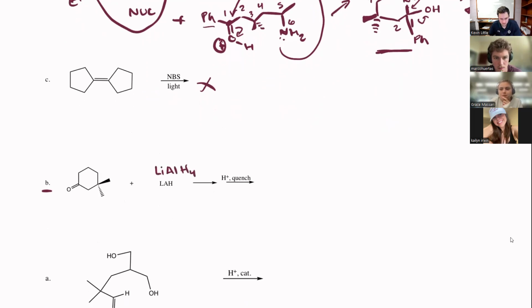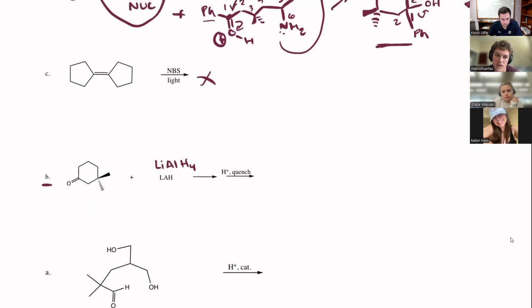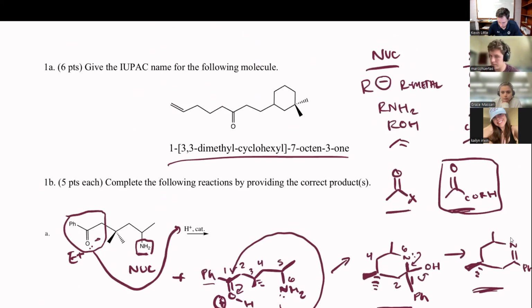Yes, LAH. What is LAH? It reduces. How? It turns the carbonyl double bond into a single bond. How? From the electrons on the hydrogen. So this is the equivalent of H minus. We've talked about this before. What does that look like? A nucleophile.